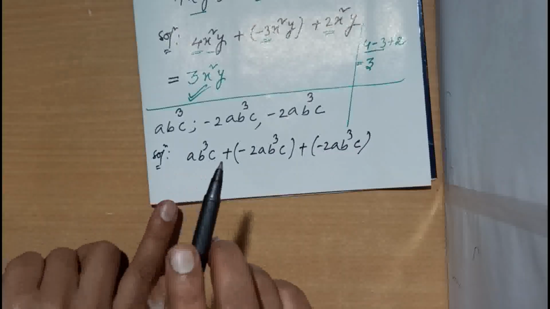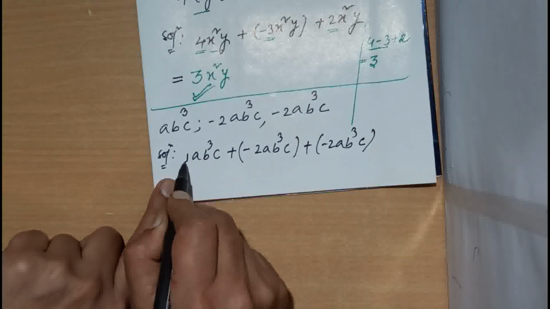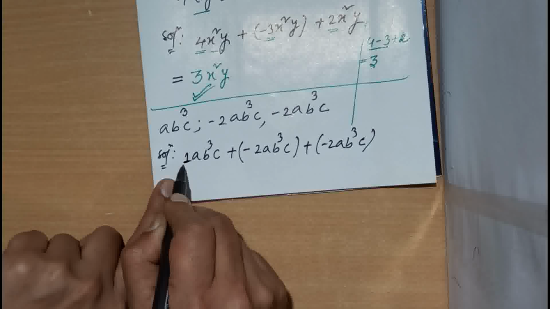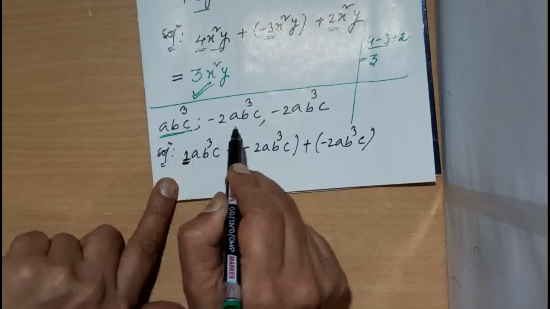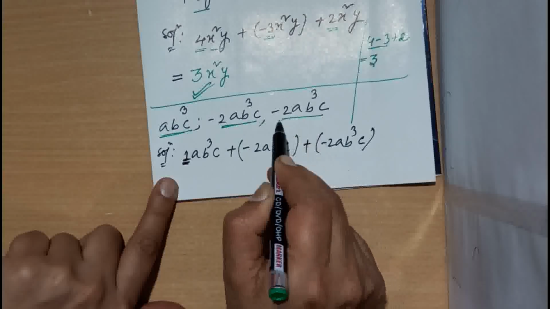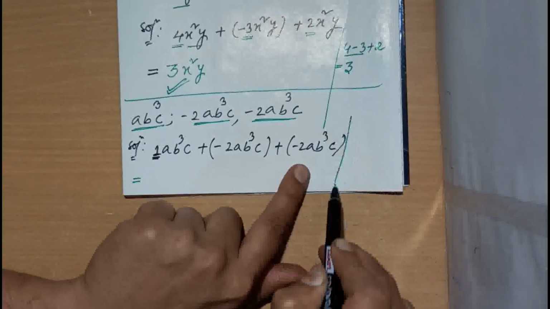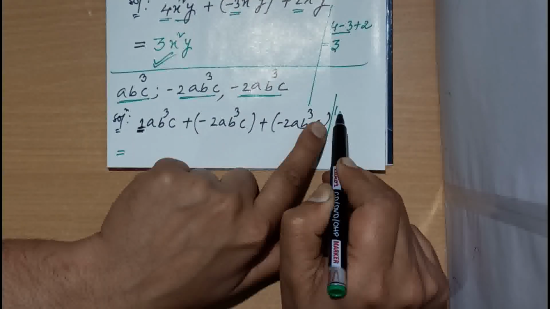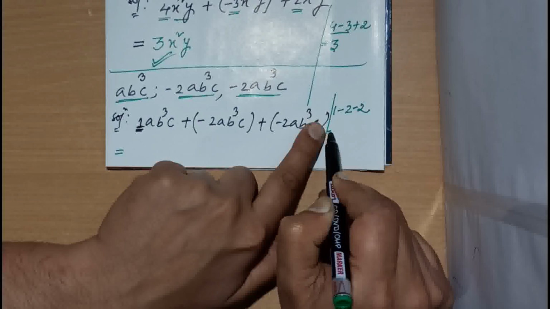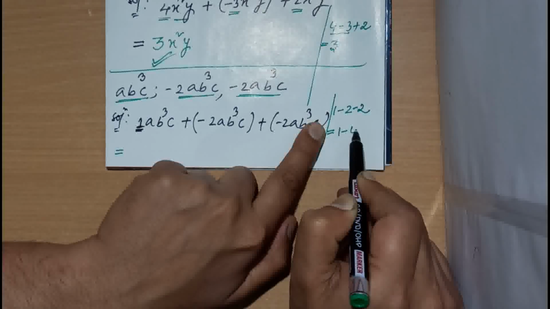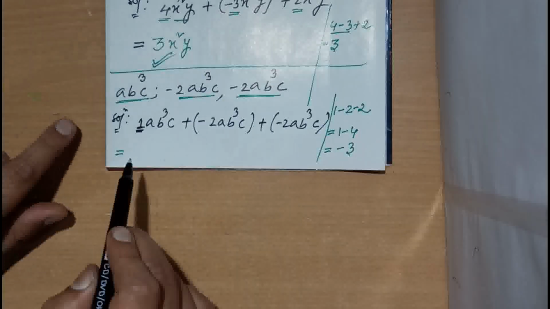In the previous lecture I told that if there is no numerical coefficient, then it is to be understood as 1. That means here the coefficient is 1. Now you check, all these terms are like terms because they have the same literal coefficient. So the answer is very simple: 1 minus 2 minus 2, which is equal to 1 minus 4, that is equal to minus 3.